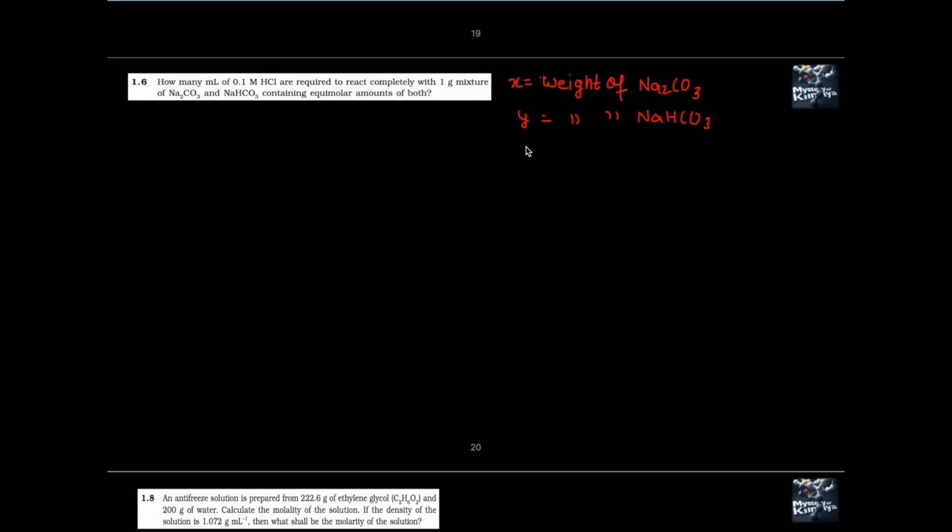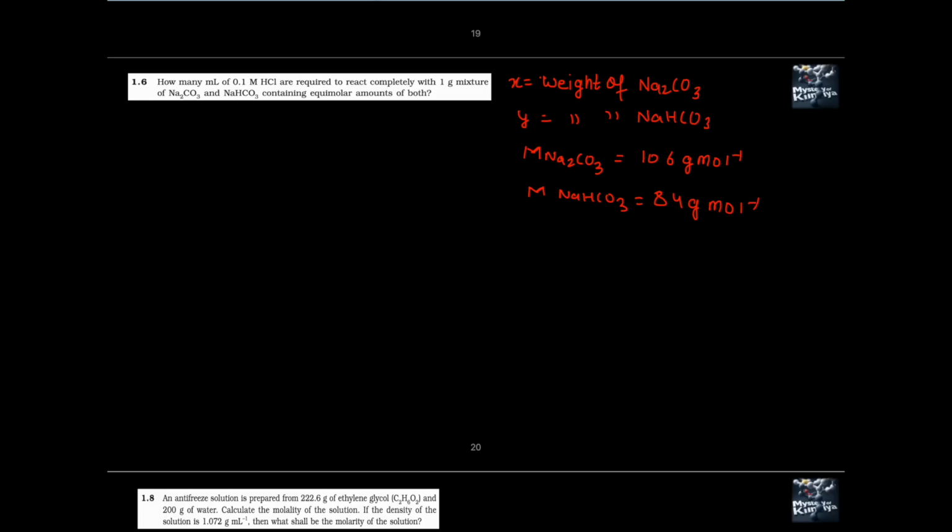So we need to know the molar mass of Na2CO3, which is equal to 106 gram per mole. We are going to use this value, and the molar mass of NaHCO3 is around 84 gram per mole.